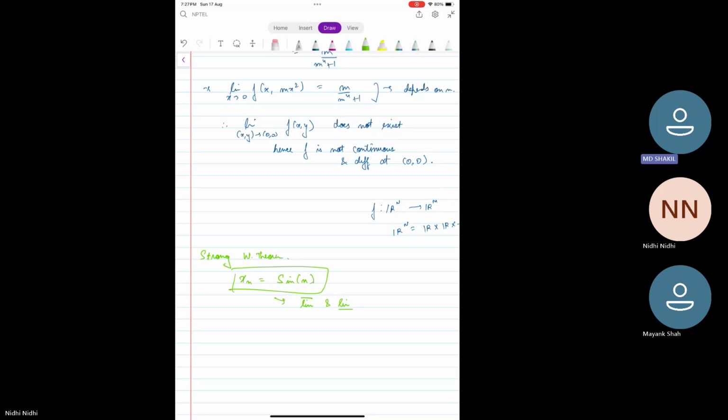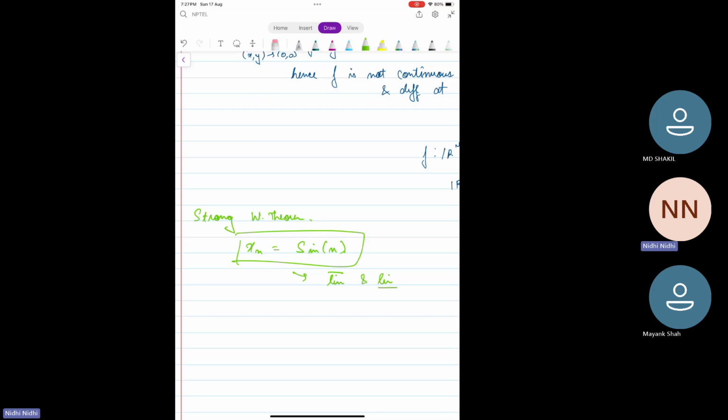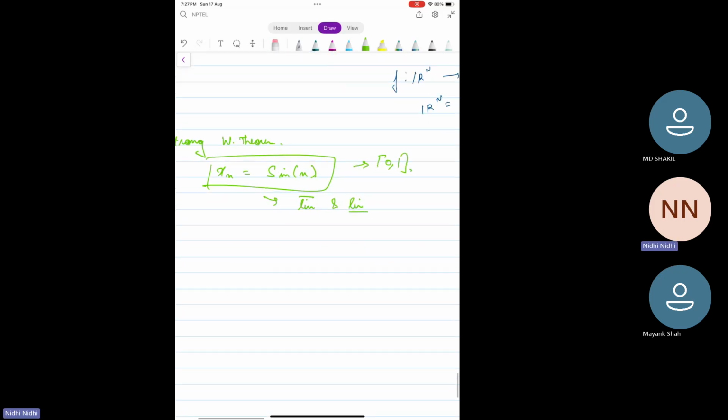Basically, limit superior and limit inferior are the supremum and infimum of the set of limit points. So for sine n, what will be the set of limit points? The whole interval 0 to 1. You can see that because its graph is something like this, and eventually for each term, it will be repeating infinitely many times.